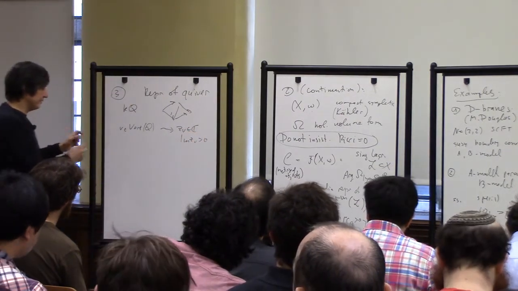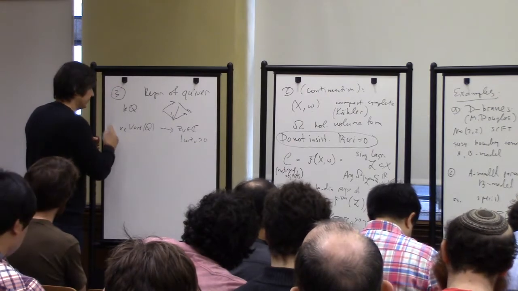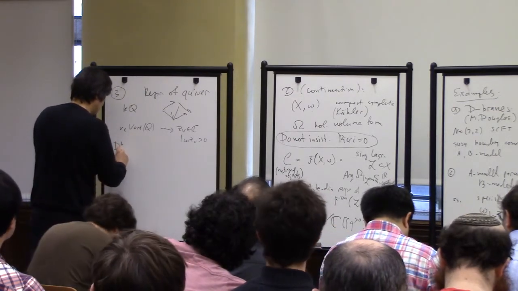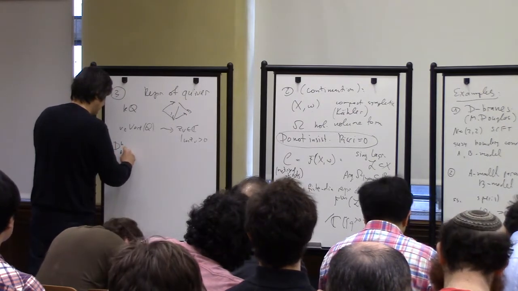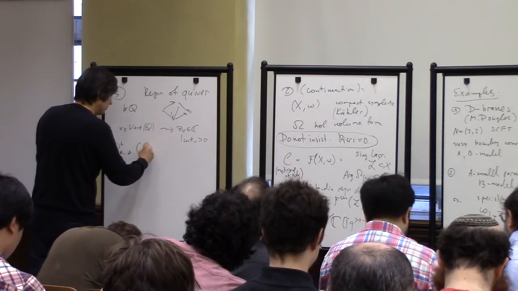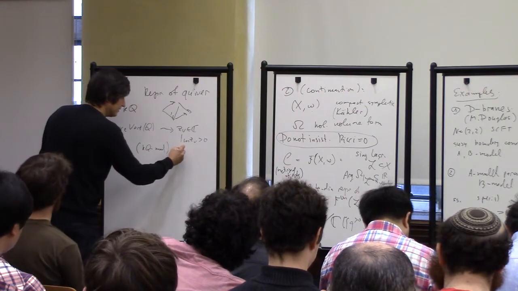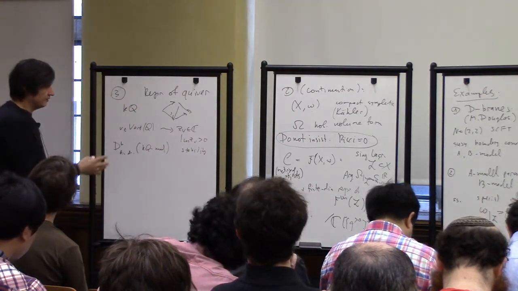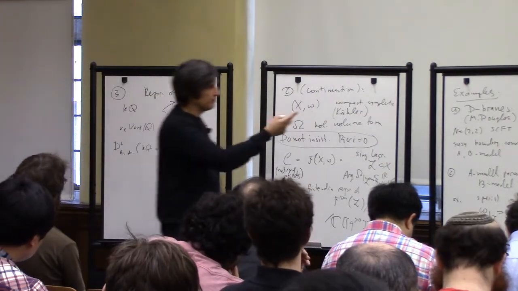Then the claim is that if you consider finite complexes of finite dimensional representations, or D^b with finite dimensional homology of kQ-modules, it has a stability structure, and it will have a t-structure, some abelian subcategory.